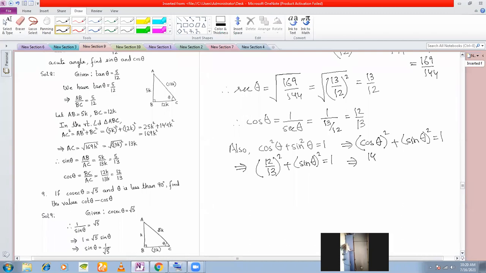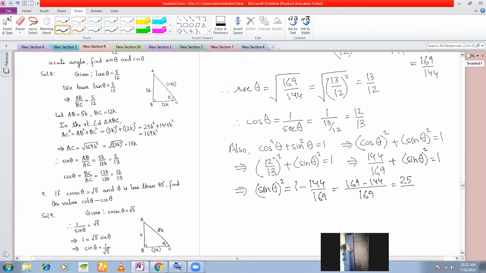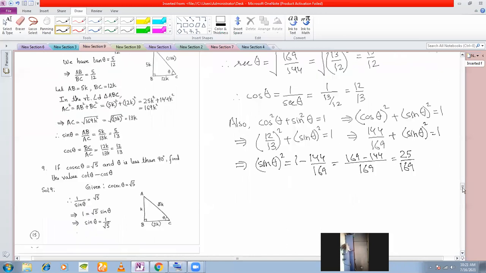That means 144 by 169 plus sine square theta is equal to 1. That means sine square theta is equal to 1 minus 144 by 169. Now you take the LCM: 169 minus 144, which is 25 by 169.